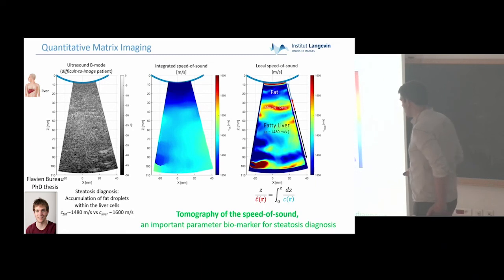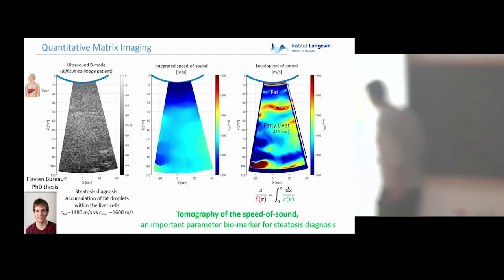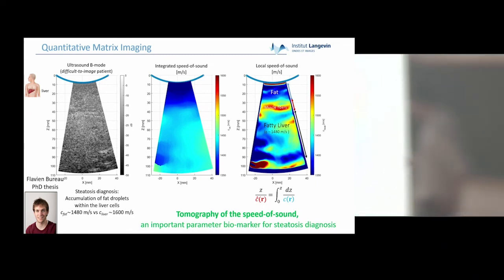Normally, it's this value that you'd expect, and it can go until more than 1,500 meters per second if you are very sick. Okay, so it's very important to measure the wave speed here. But the problem is that you have different layers to cross. You have the skin, you have the fat, muscles, etc. So what Flavien did exactly was the same movies as before in speckle.